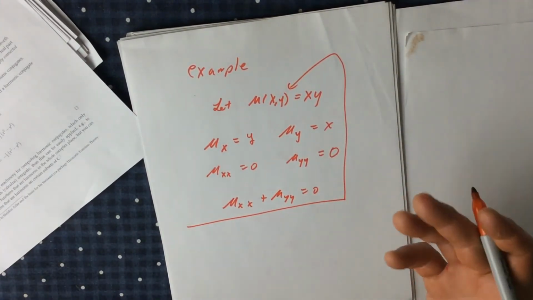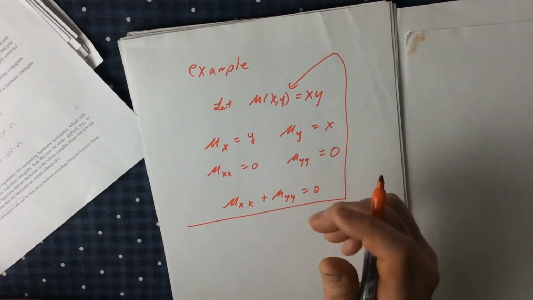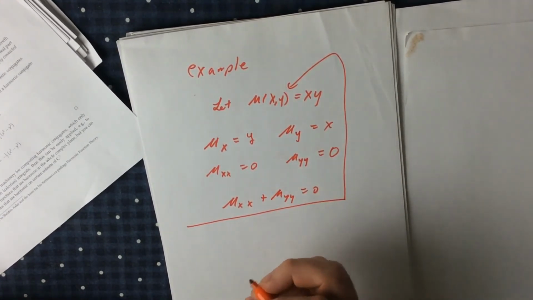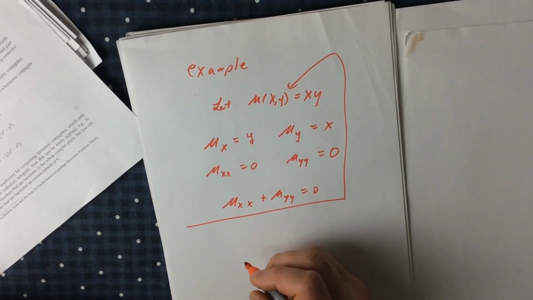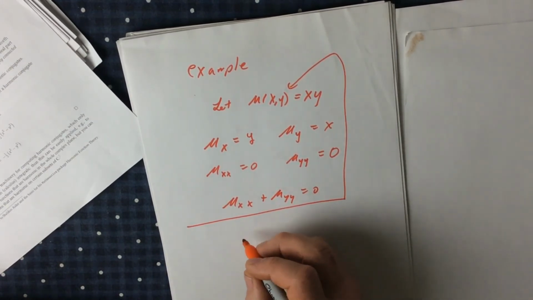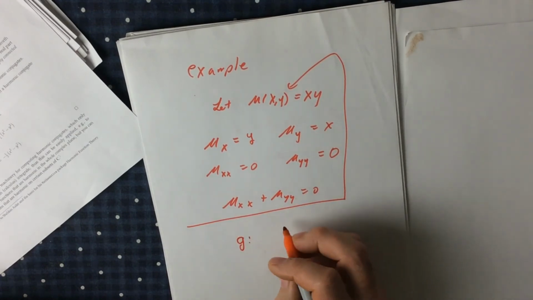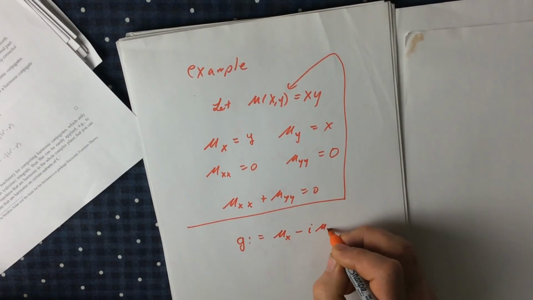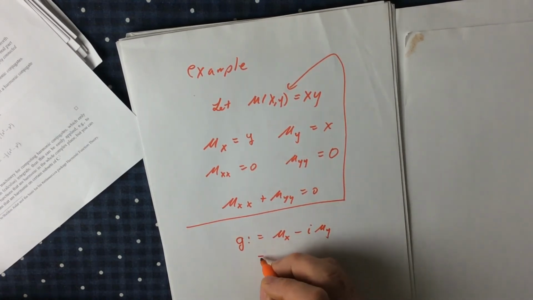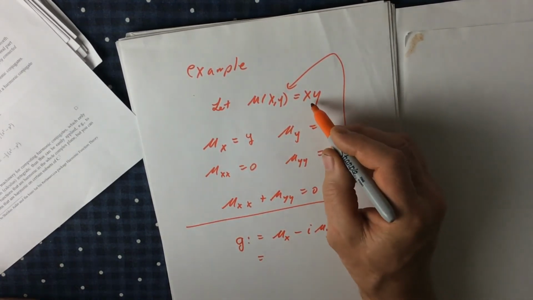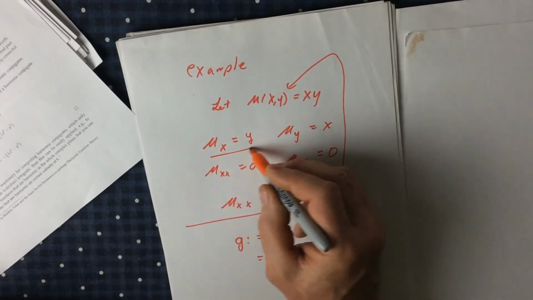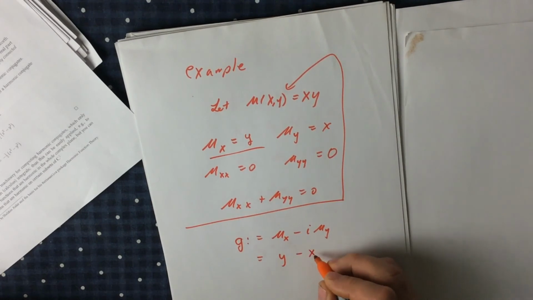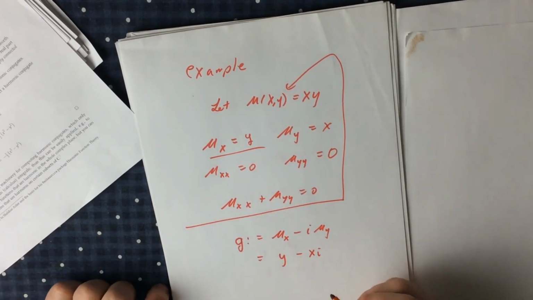That means it must be the consequence of somebody having had a holomorphic function. So then we're going to discover that holomorphic function. How do we do it? Well, we go back to that definition of g that we gave, which we want to be mu sub x minus i mu sub y. Well, in this case, mu sub x is right here, it's y, and mu sub y is x. And so we have our g.